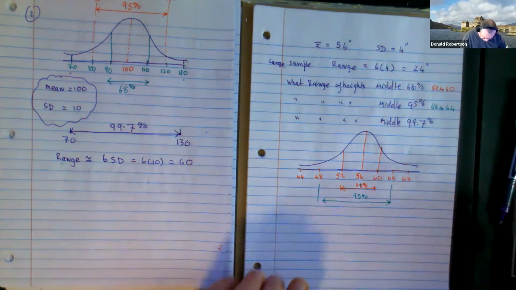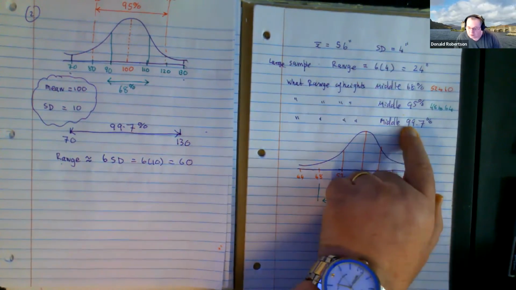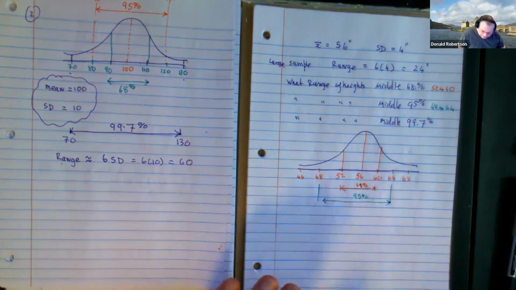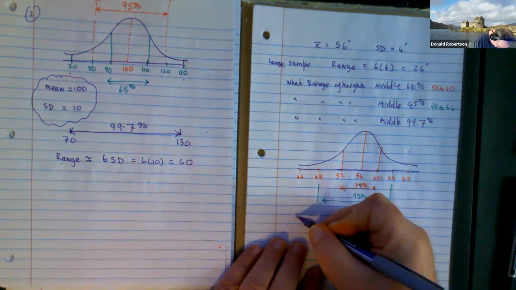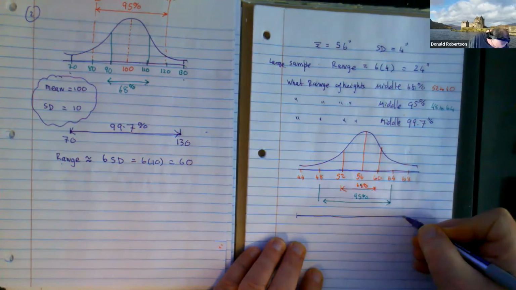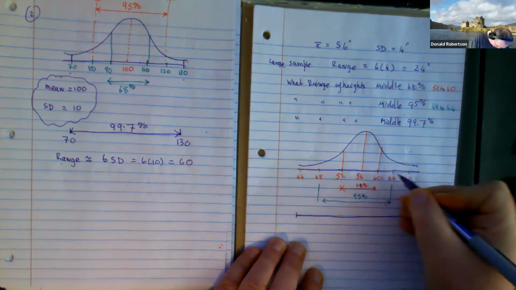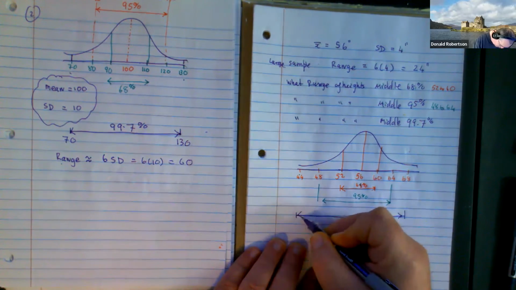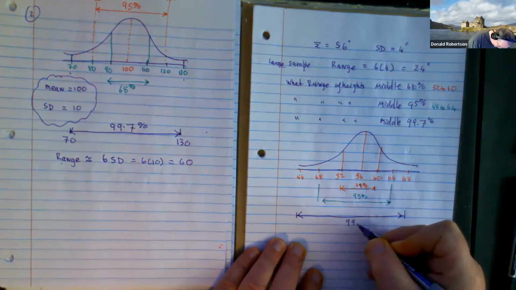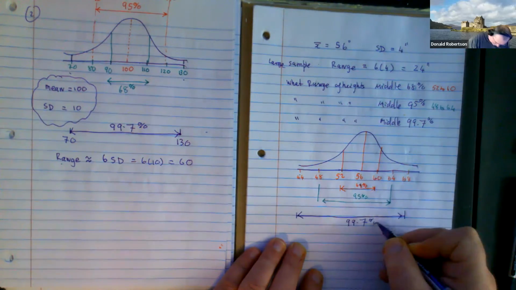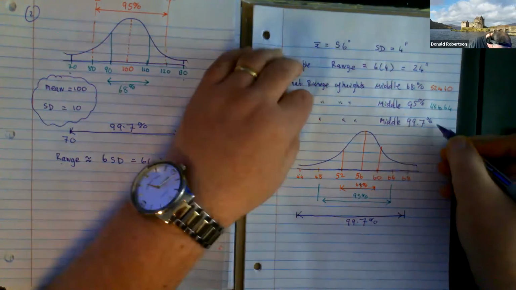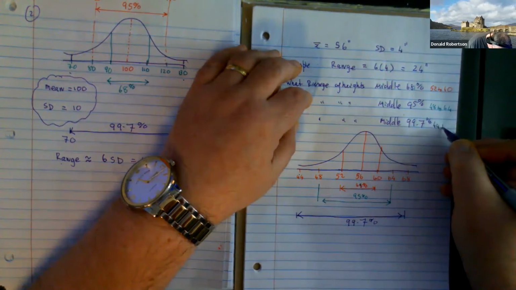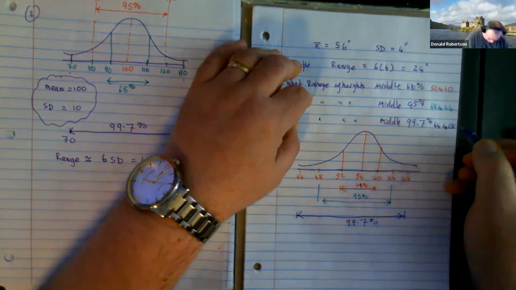And if you want to know the middle 99%, which is almost everybody, you would go 3 standard deviations. That's from there to there. And that would get you 99.7%. And that would be from 44 to 68.